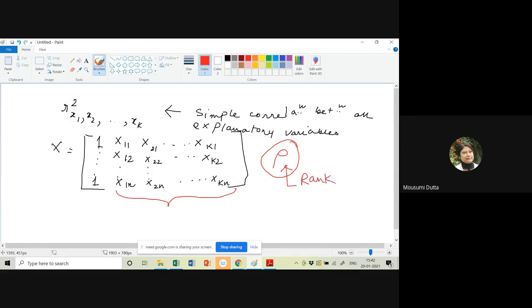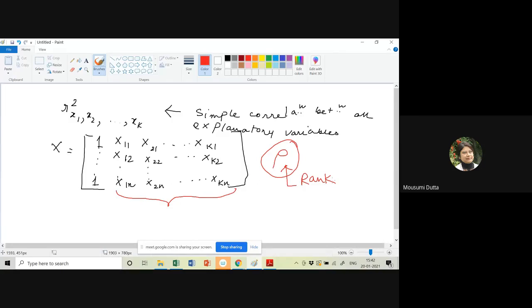Okay. Now, while we discussed the assumption related to rank, we mentioned that the columns should be independent so that we can have full column rank. Now, if we get there is a high correlation between these columns, in that case, the columns will be linearly dependent on each other.